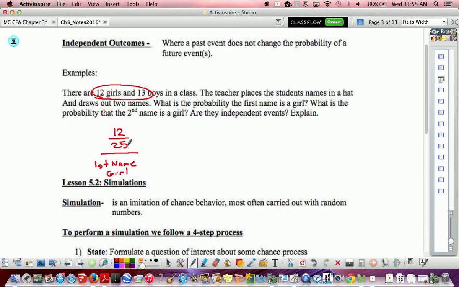Now, what's the probability that the second name is a girl? Is it still 12 out of 25? Well, one of the names has already been drawn, right? So how many girls are left? How many names are left? 24. So the second name being a girl is now just 11 out of 24. So are they independent events?